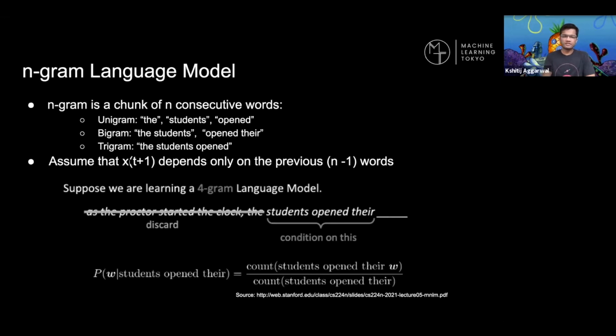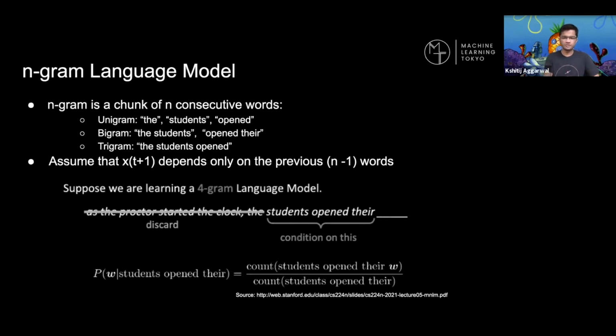So we make the assumption that our t plus 1th word depends only on the previous n minus 1 words. For example, if we are learning a 4-gram language model and we had this whole statement, then we'll discard everything before the last 3 words, and we'll only use these last 3 words to predict the 4th word, because we are doing a 4-gram language model.